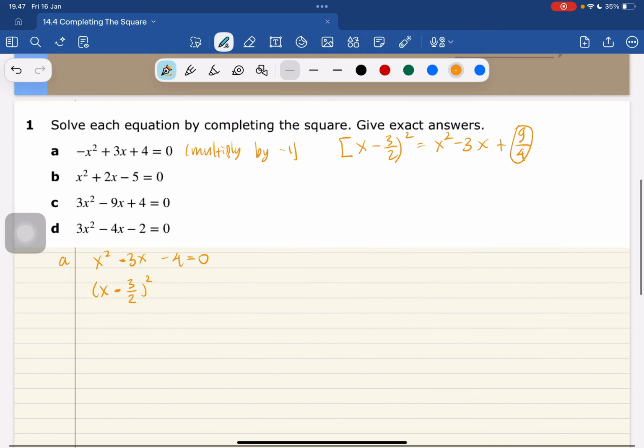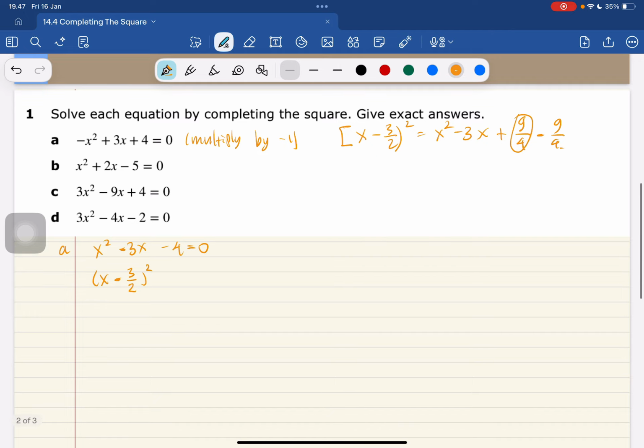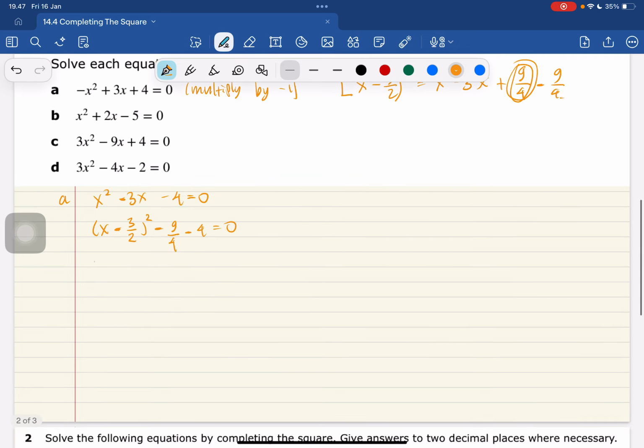So first we subtract 9 over 4, then we subtract 4, because we don't need this 9 over 4. So this is minus 9 over 4, and then minus 4 equal to 0. Let's continue. It's going to be x minus 3 over 2 squared minus 9 over 4.